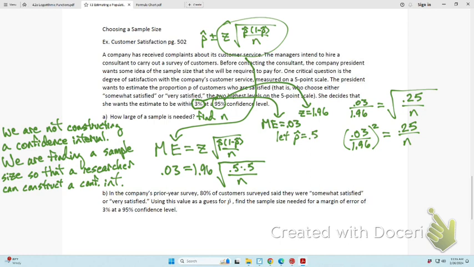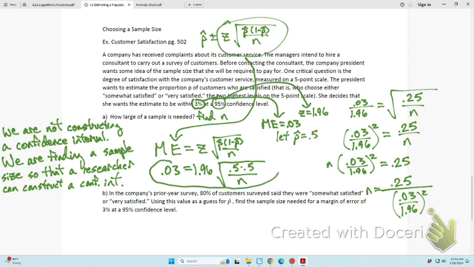I'm going to multiply both sides by n. And last step, I'm going to divide by that horrible fraction squared. You do not have to show this work. All you have to show is setting it up right here and the answer.